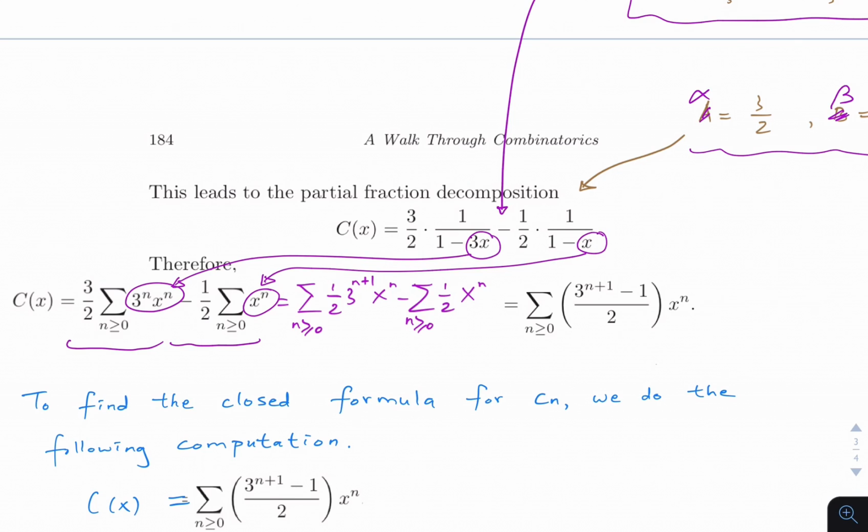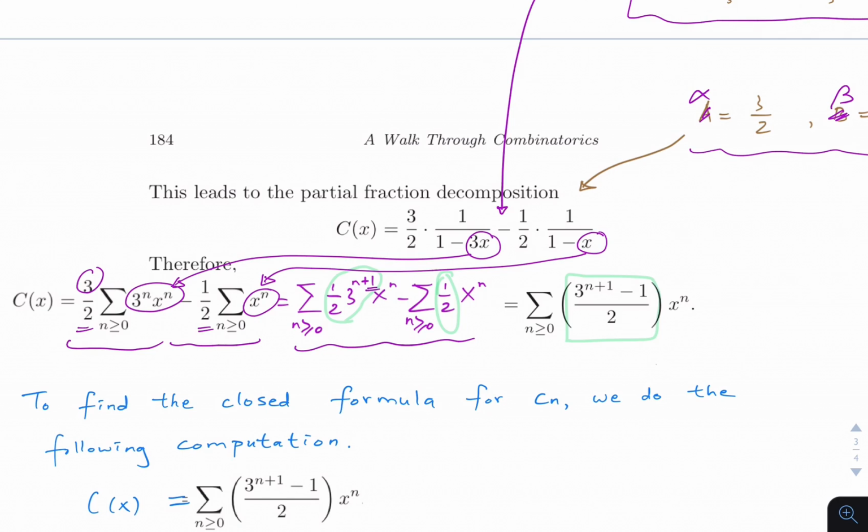And next I will just move the extra 3 inside, and that's why this is n plus 1. And I also move 1 over 2 inside of both power series here. And now I can combine the 1/2 times 3 to the n plus 1 and minus 1/2 to give me this, and then I have x to the n.